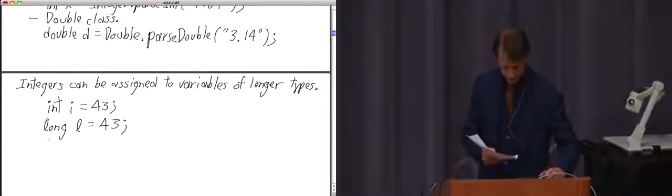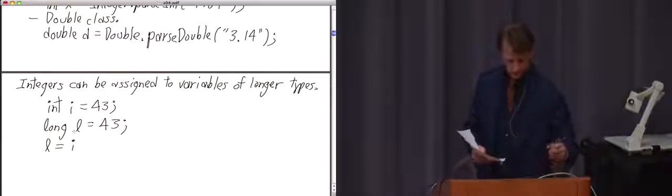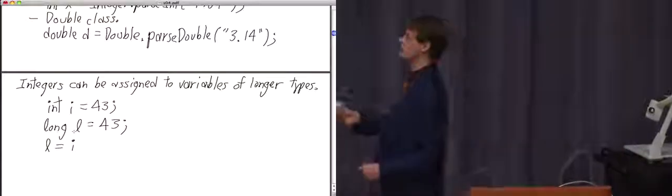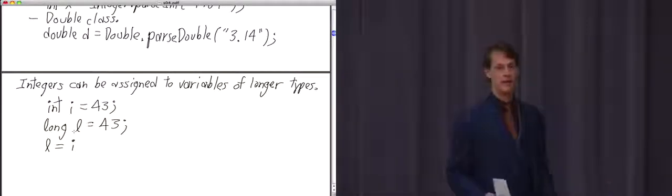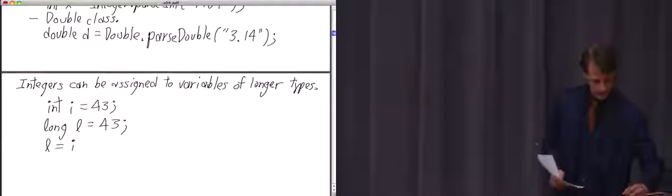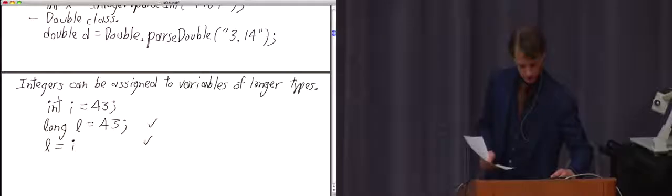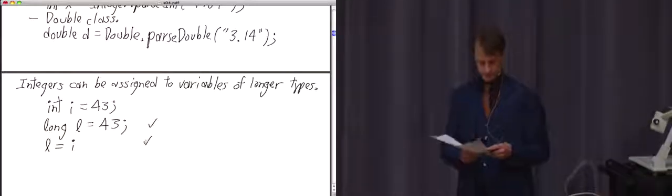And likewise, if you try to directly take the variable I, that's 32 bits long, and store it in L, then that works just fine, because L is 64 bits long and has room to store the whole int.